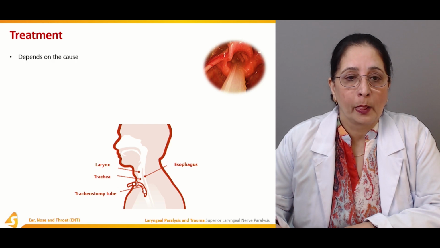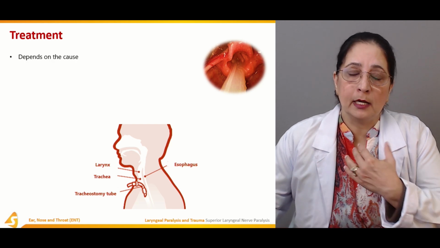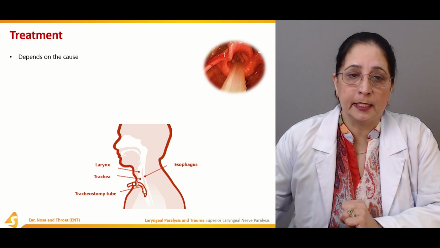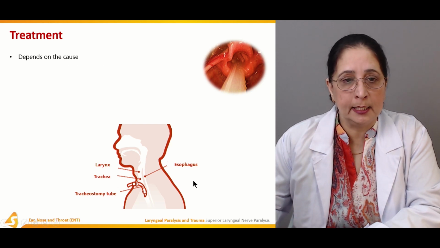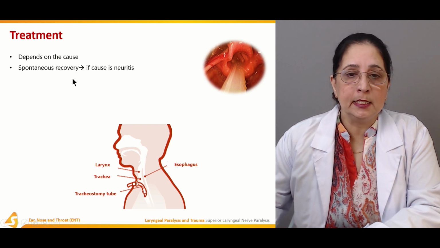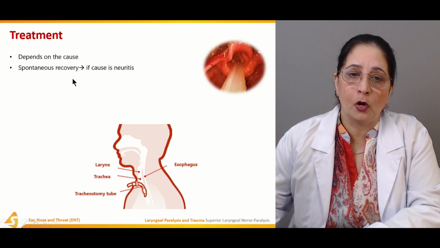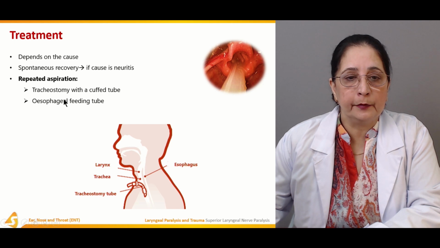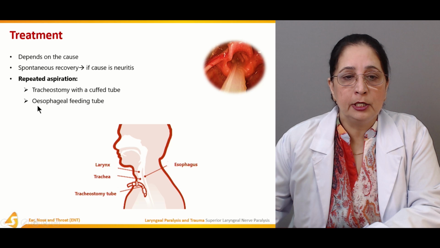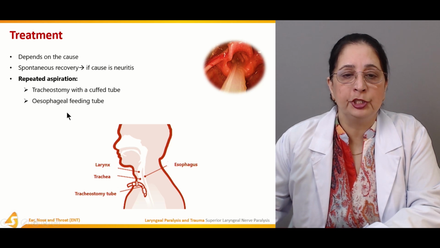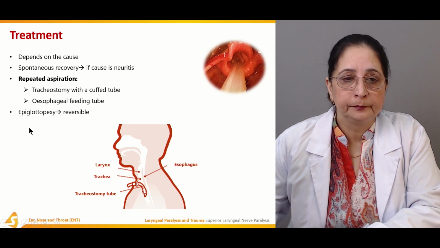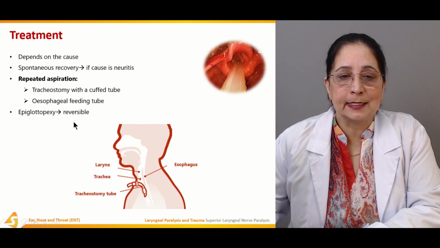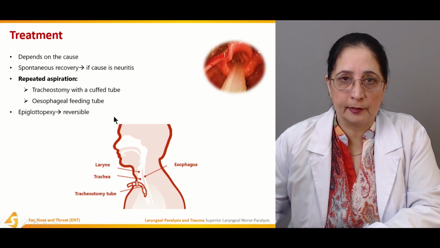Treatment depends on the cause and how severe the symptoms are. Spontaneous recovery can occur if the cause is neuritis. Options include repeated aspiration, tracheostomy with a cuffed tube, esophageal feeding tube, and epiglottopexy, which is reversible.